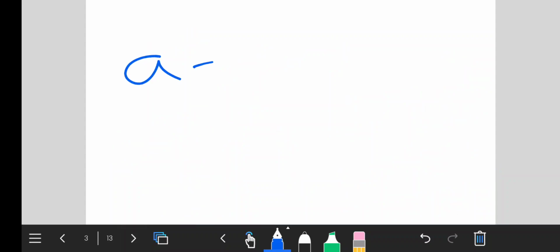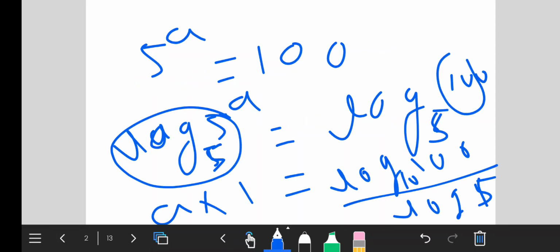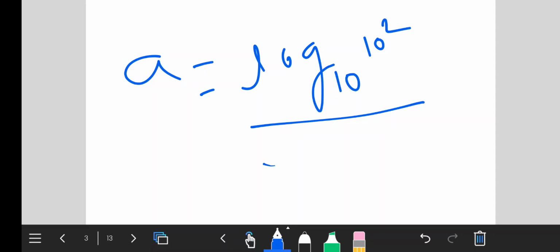So a becomes log of 100, written as 10 squared to the base 10, and in the denominator, log of 5. Log of 5 can again be written as log of 10 divided by 2 to the base 10.